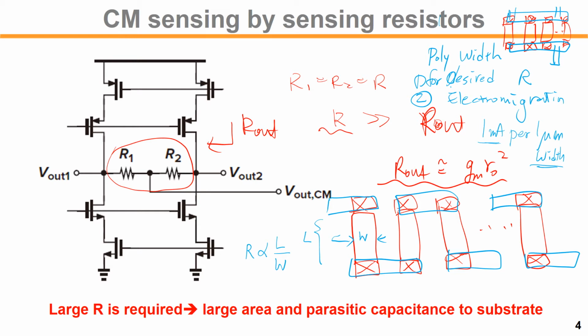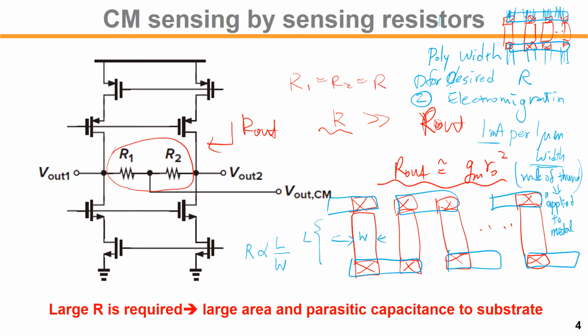Typically the metal electromigration and poly electromigration limits are similar, so this rule of thumb also applies to metal.